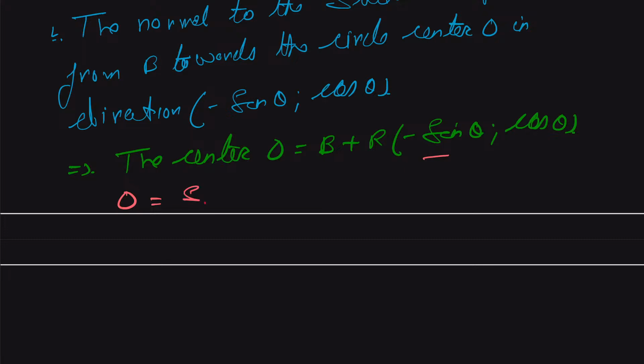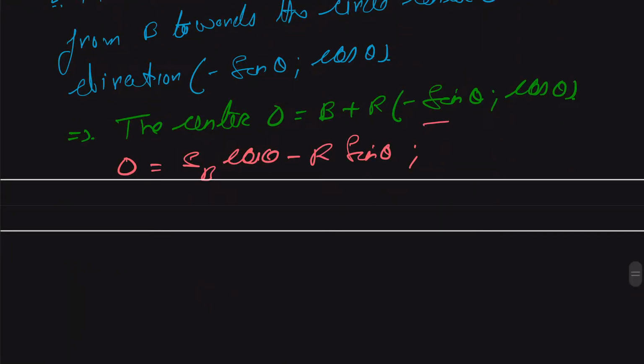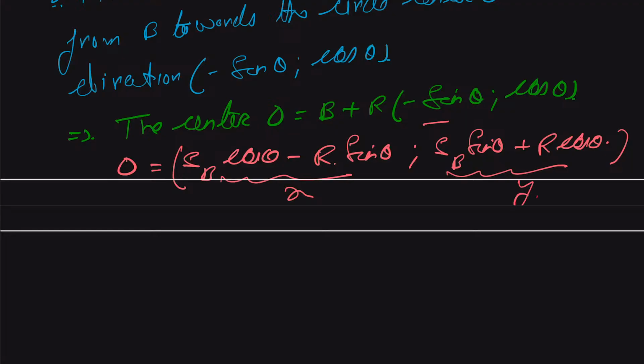Therefore, we can write this as SB cos of theta minus r sine of theta, and it is SB sine of theta plus r cos of theta. So these are the coordinates of our O. This is our x and this is our y.